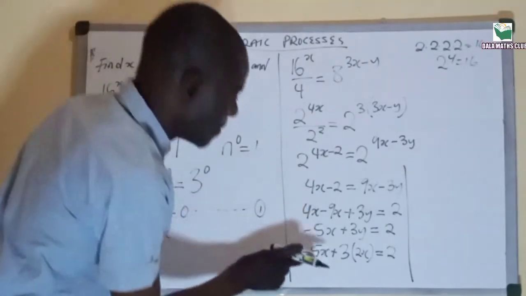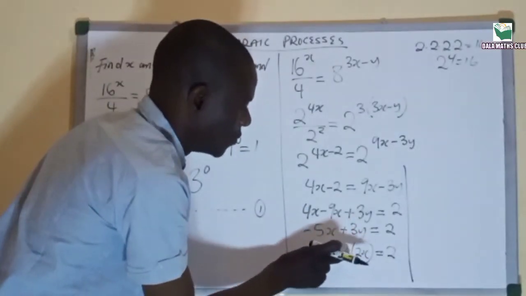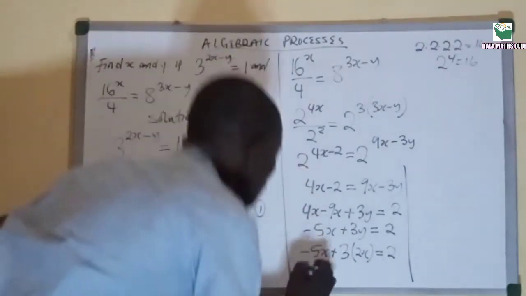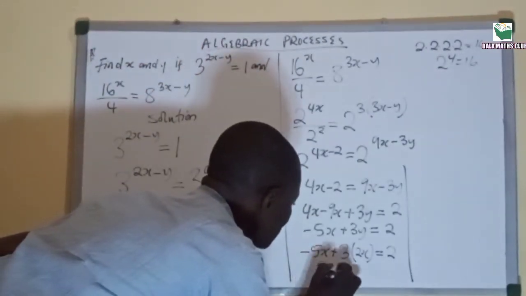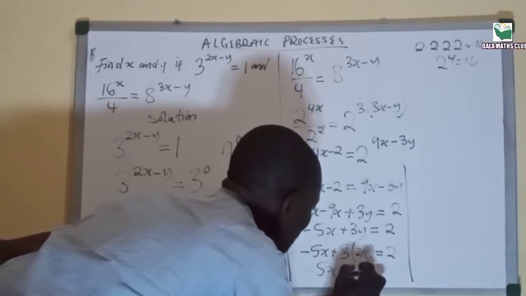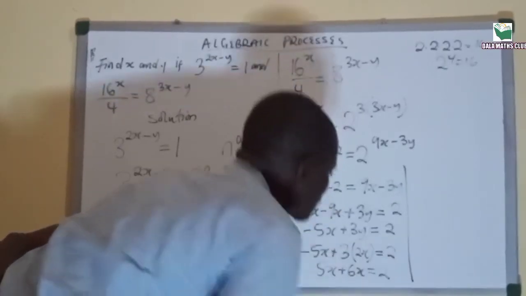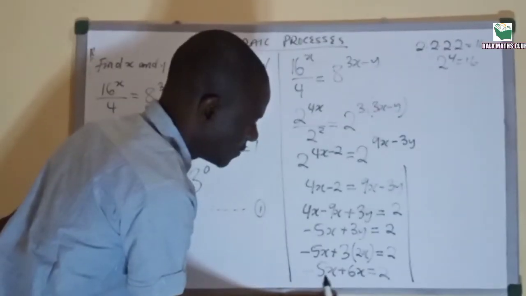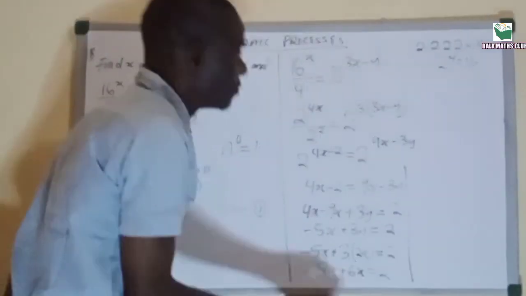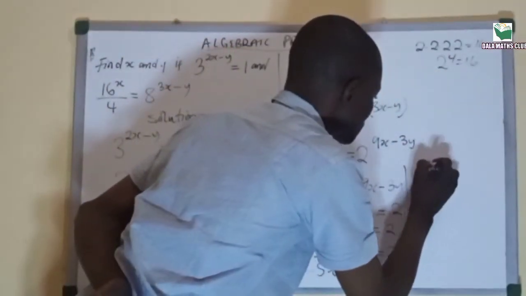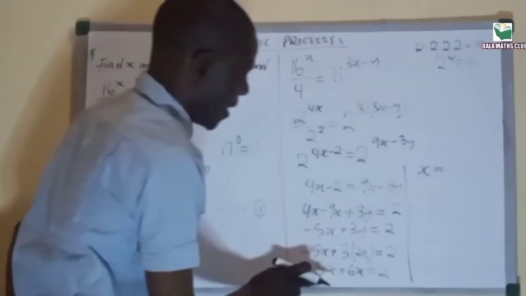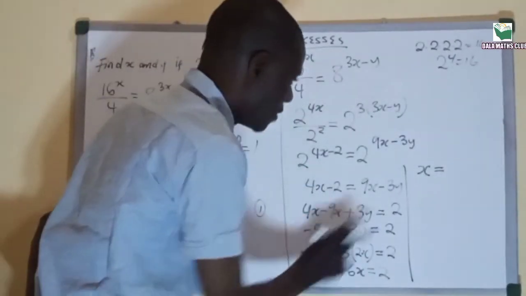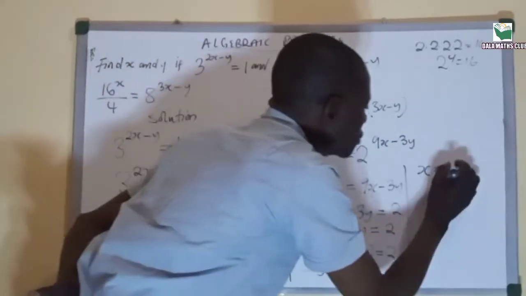From here we have minus 5x, then we expand this bracket, we have 3 times 2x will give us 6x. We have minus 5x plus 6x is equal to 2. How we are following? From here we have minus 5x plus 6x will give us what? Will give us x, because minus 5 plus 6 will give us 1. So now we have x is equal to 2.